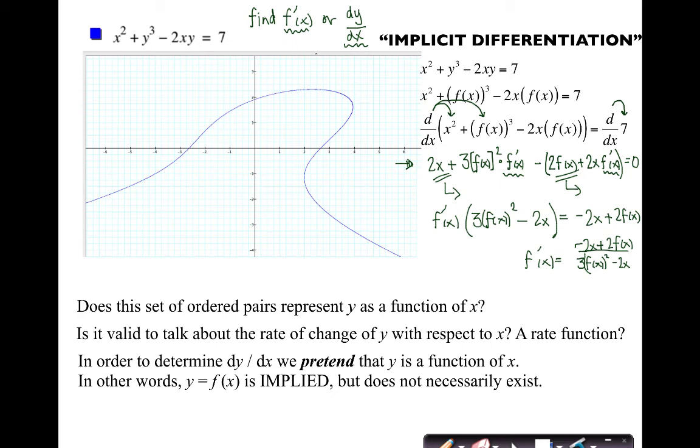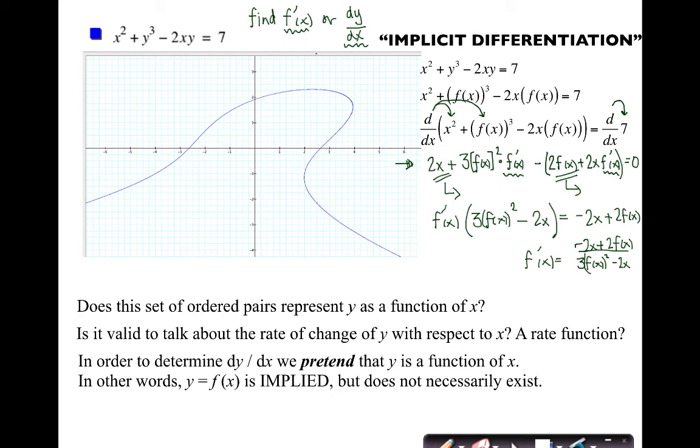So again, f of x was something we constructed. You don't have to go through this process of putting in f of x instead of y, but if that helps you keep straight the fact that y is considered to be the output, the numerator part of the derivative, and x is considered to be the input, then please go ahead and do that.